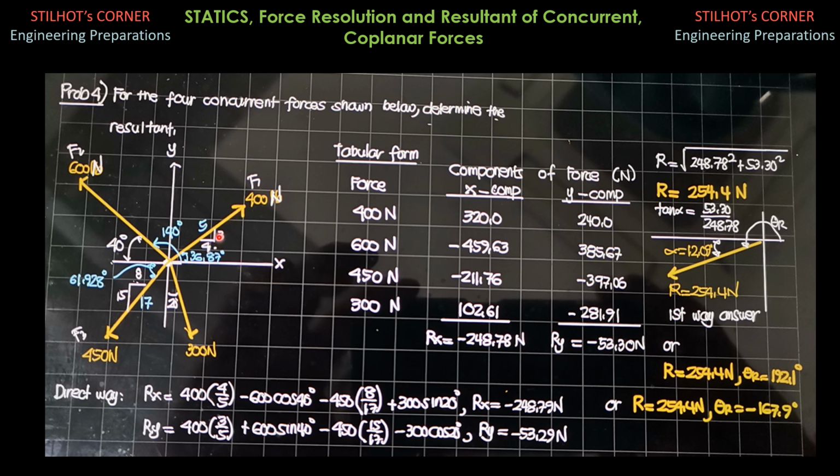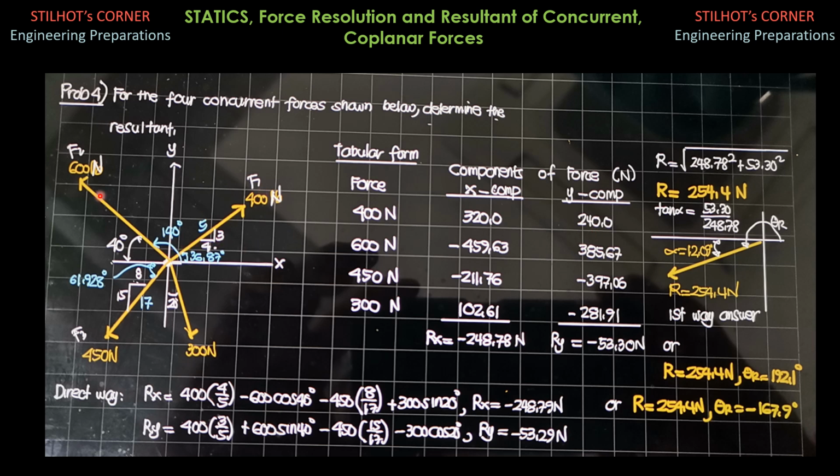The vertical component is positive because F1 is directed up to the right. So both components are positive. So the vertical component is 400 times sine of this angle, 36.87, or 400 times opposite 3 over hypotenuse 5. So 400 times 3 over 5 is 240 newtons.